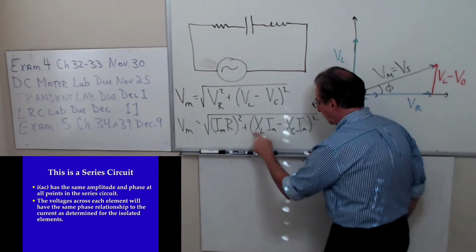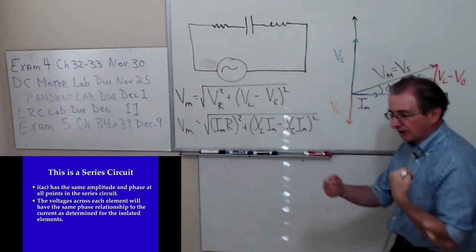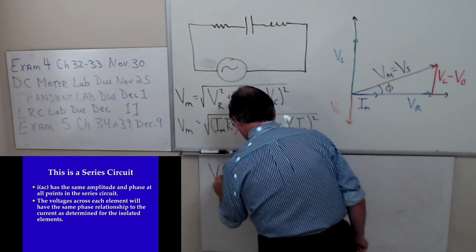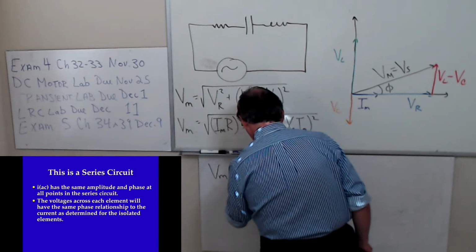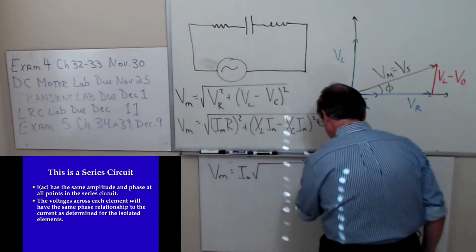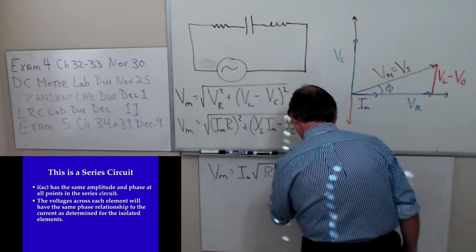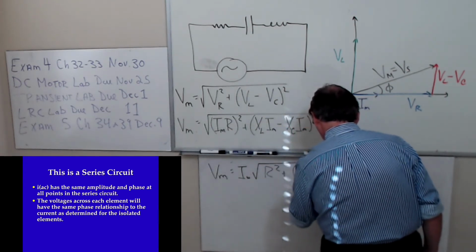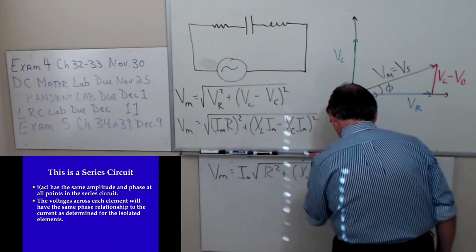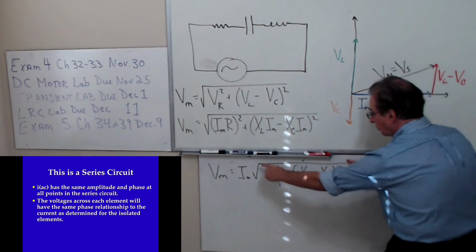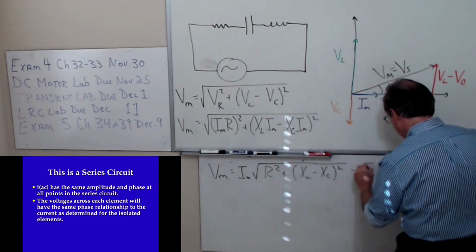And since I is common to all these terms, I can factor out I. And I call this thing in parentheses the impedance.